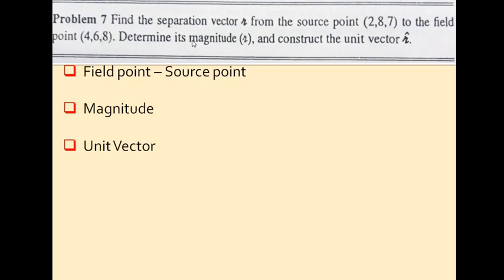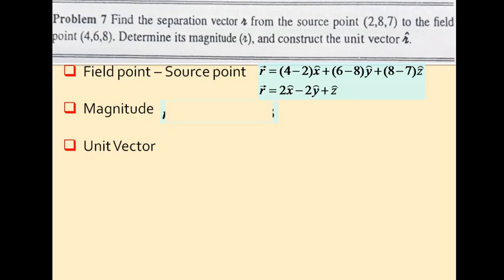Determine its magnitude r, which is not boldface, and therefore construct a unit vector as well. The answer: this is field minus source, so I have 4 minus 2 x cap, 6 minus 8 y cap, 8 minus 7 z cap, and therefore 2x cap minus 2y cap plus z cap, and this is your position vector r.